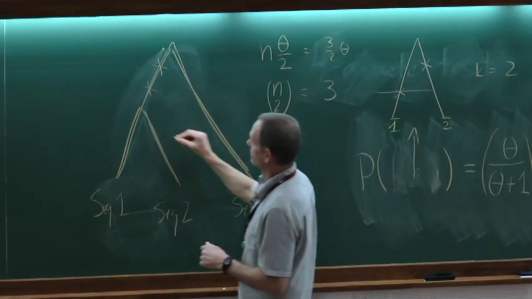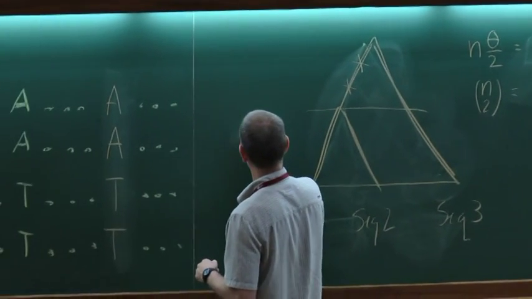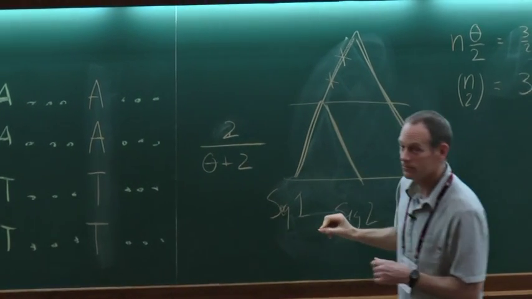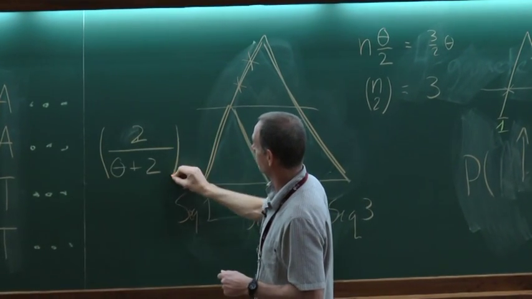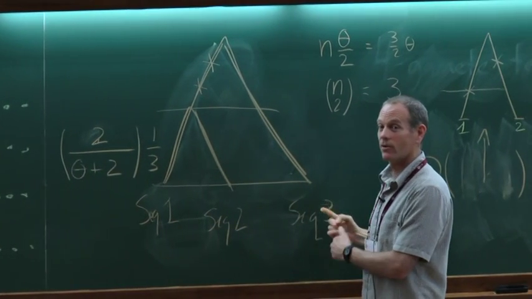Right? So the first part has probability 2 over theta plus 2. And then I have to have a particular one of the 3 possible coalescent events.